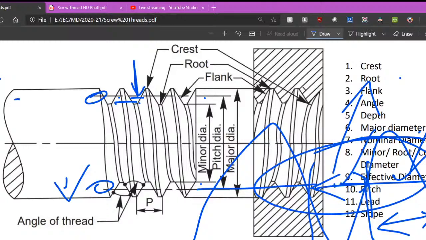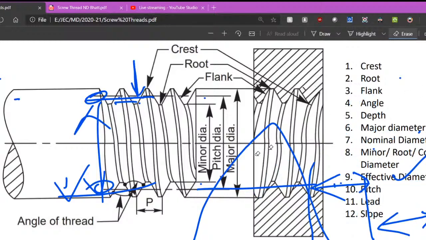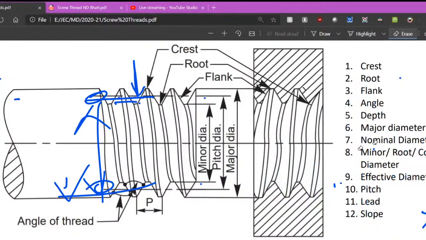The diameter measured from one side to the other on that line is called the pitch diameter or effective diameter.